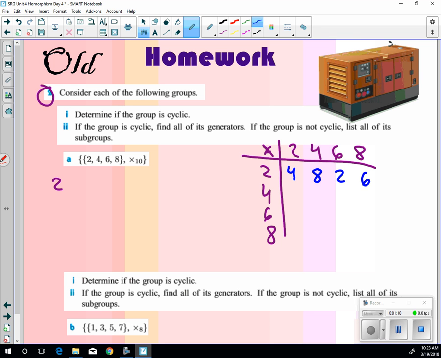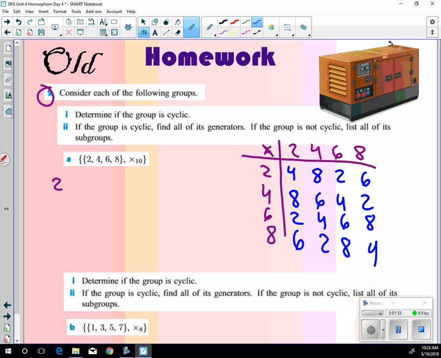And then this one's going to be 8, 6, 4, 2. And this one's going to be, well, we know this is going to be 2, 6. And this is going to be 4, 6, 8. This will be 2, 8, 4.